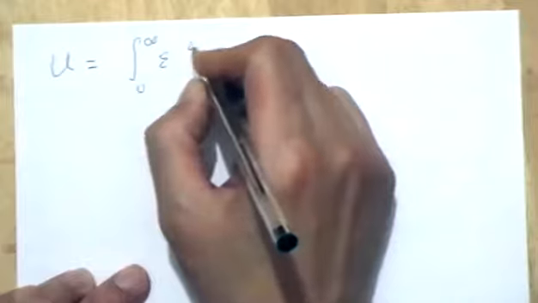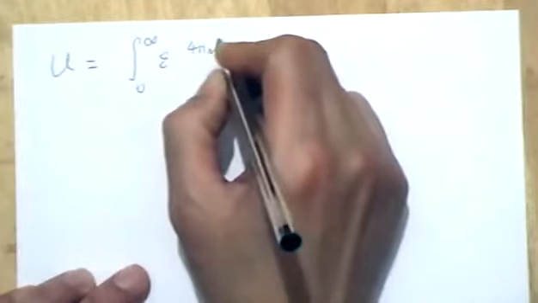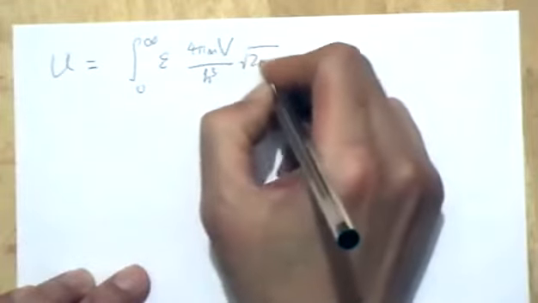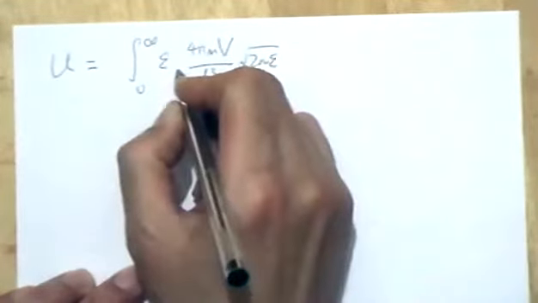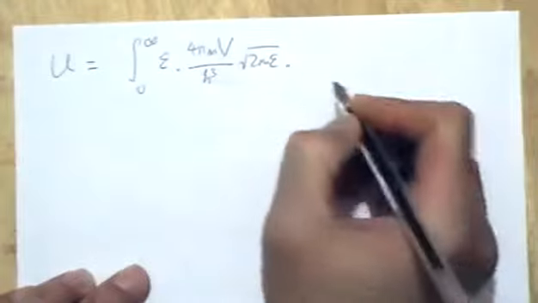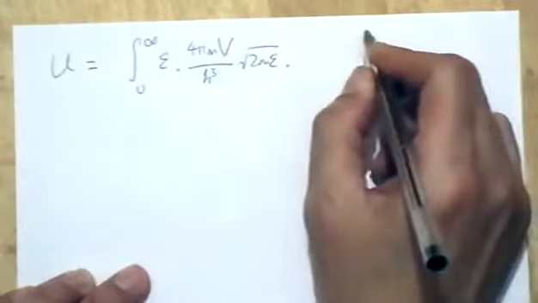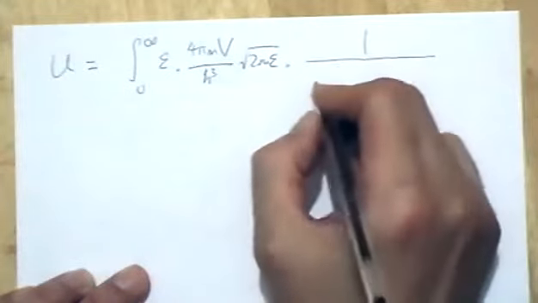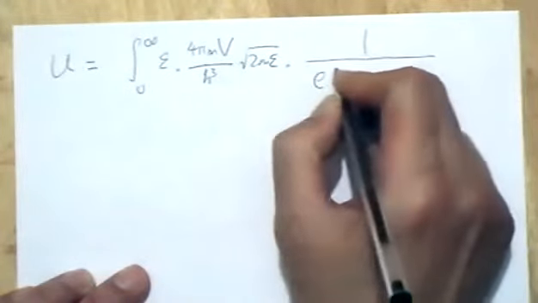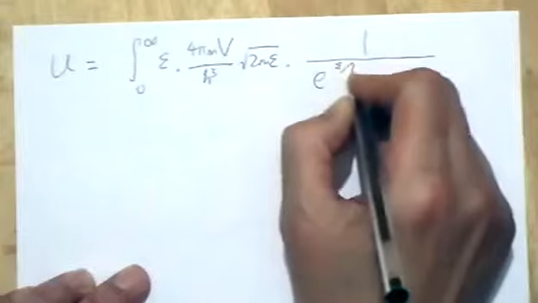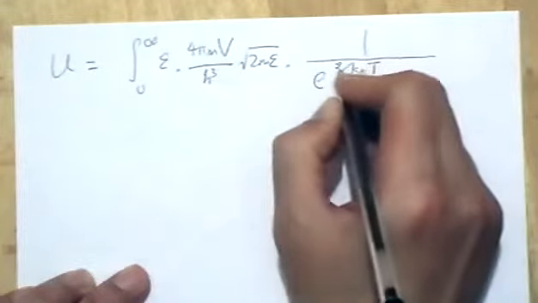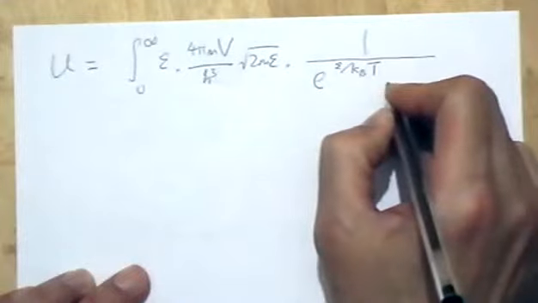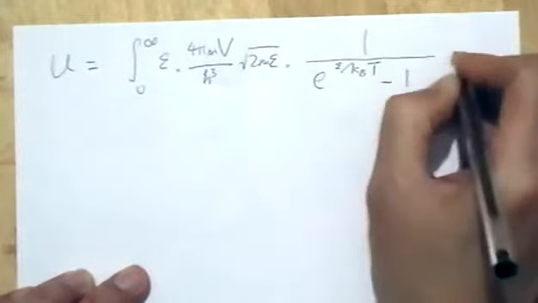Remember, we have 4 pi m v over h cubed square root of 2m E. So this is the density of states, and we have the Bose Einstein distribution, which is e to the power of energy over kBT without the mu anymore, minus 1 dE.